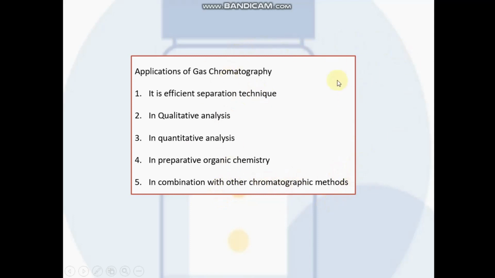So the superior fractionation qualities of GLC are often combined with NMR spectroscopy, IR spectroscopy, mass spectroscopy and electroanalytical techniques in various qualitative and quantitative analytical experiments.